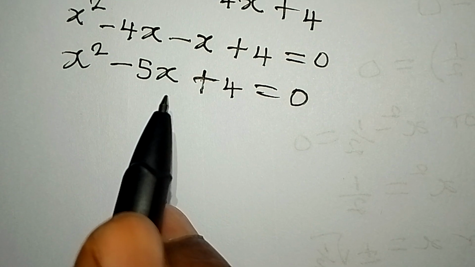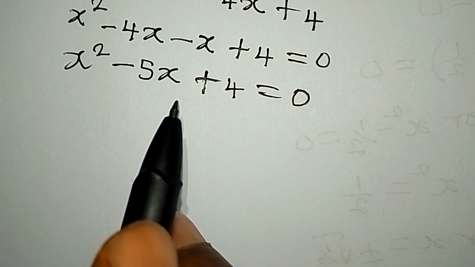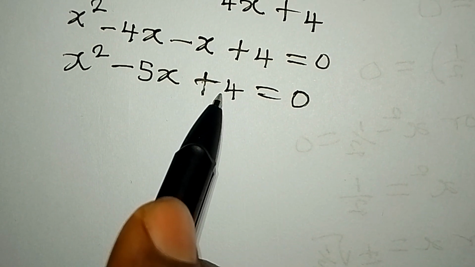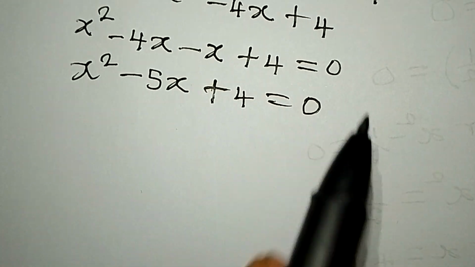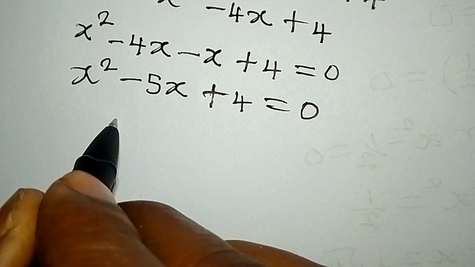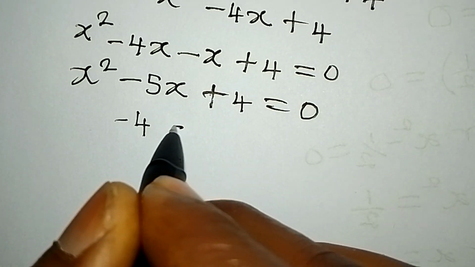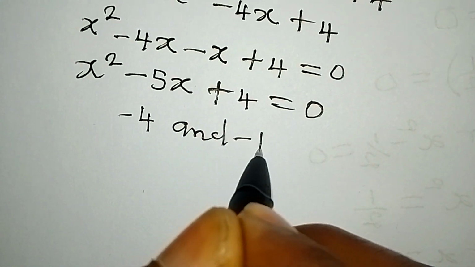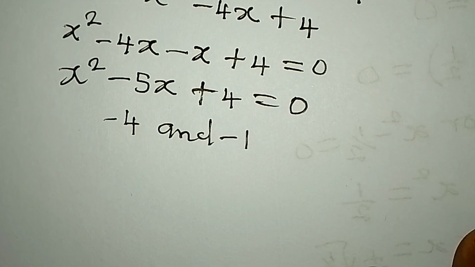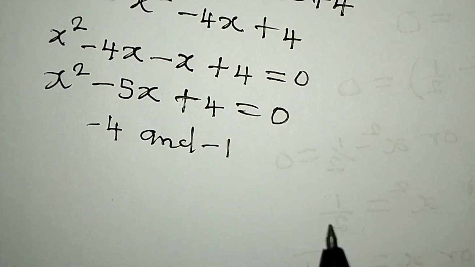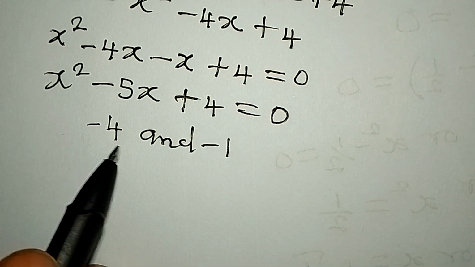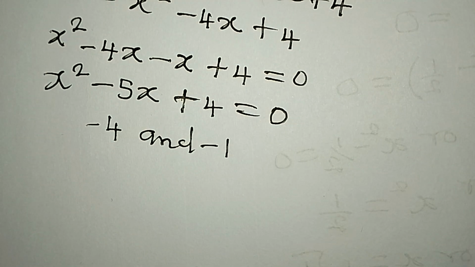Now we are looking at what we'll multiply to get 4, and then we'll put the both of them together to get minus 5. I think we will look at minus 4 and minus 1, because minus 4 times minus 1 will give us plus 4. Then minus 4 minus 1 will give us minus 5.